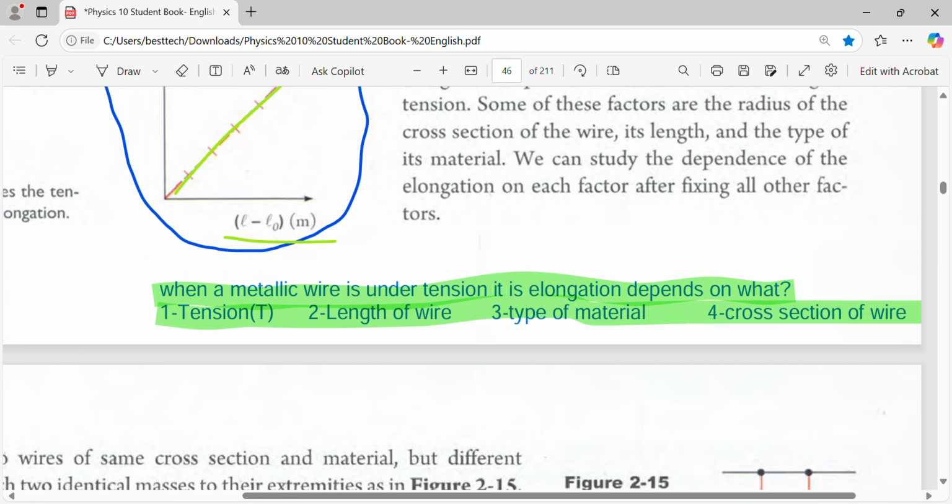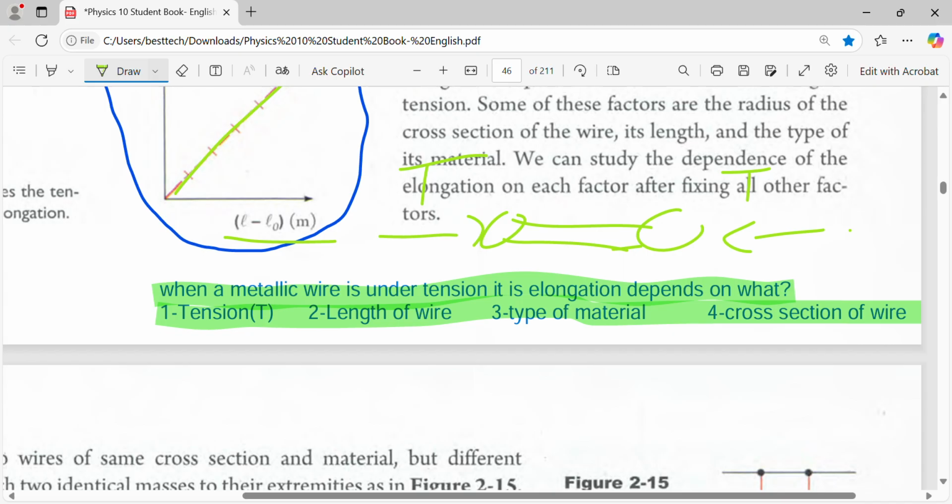Guys, we have this question: when a metallic wire is under tension, its elongation depends on what? When you have this wire and apply tension on it, the length of the wire will change.